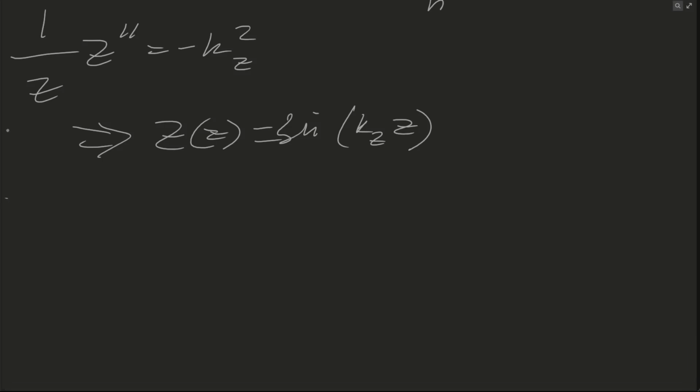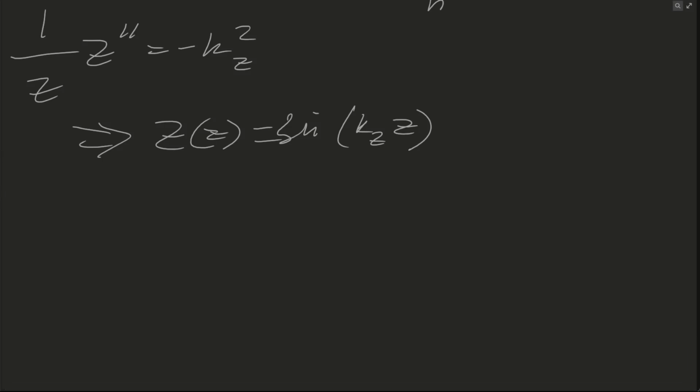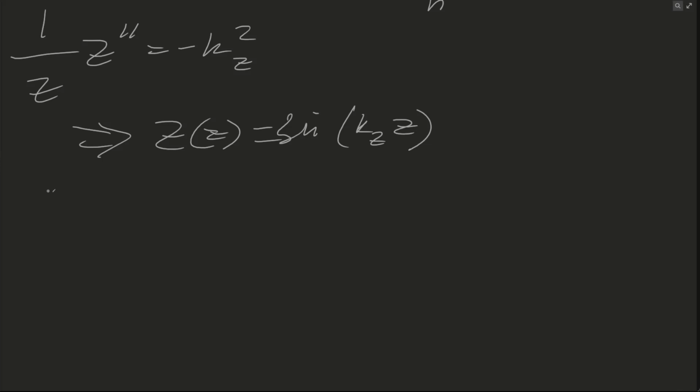We have boundary conditions here, the bane of all humankind, I guess. We know that z of 0 equals z of L, which is 0.